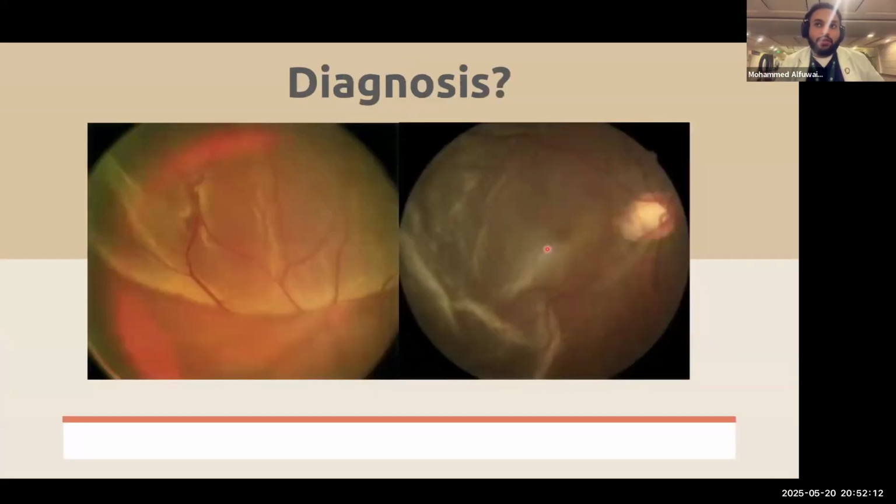Now, we'll go over one by one. We have this patient who had a sudden onset of flashers and floaters that developed in their vision. Flashers and floaters with sudden vision loss. You do fundoscopy, you see this appearance such as a tearing appearance. What is this? Simple. Retinal detachment.